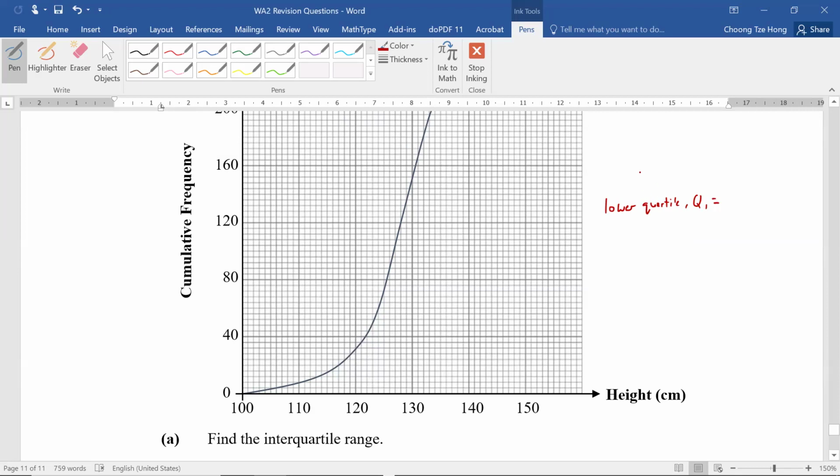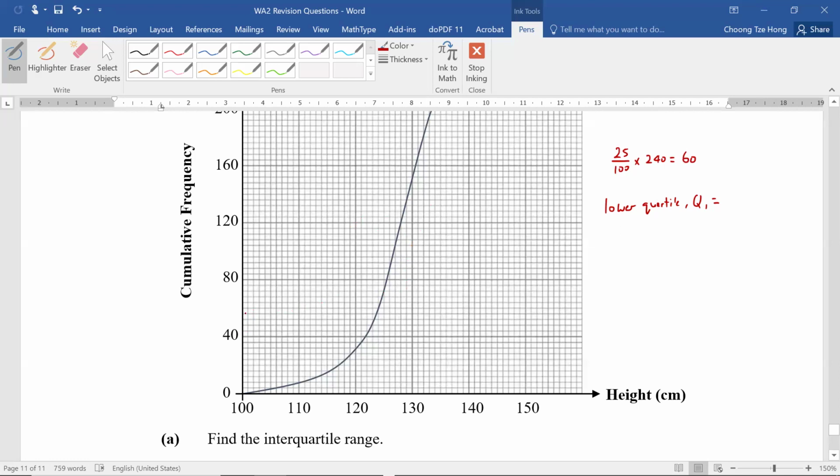Let's try to find 25% of 240 children, because that's the total number of children in question over here. You will find that you'll get 60. So basically what we need to do is to go to child number 60 on the cumulative frequency curve, and then find out what is the height of that particular student. 40 is over here, so 60 will be directly in between 40 and 80.